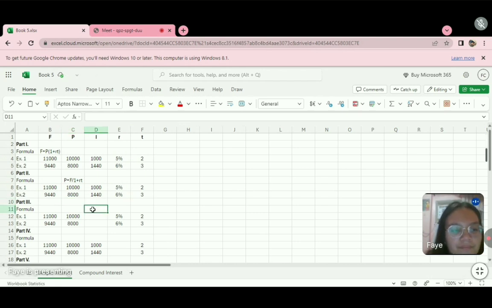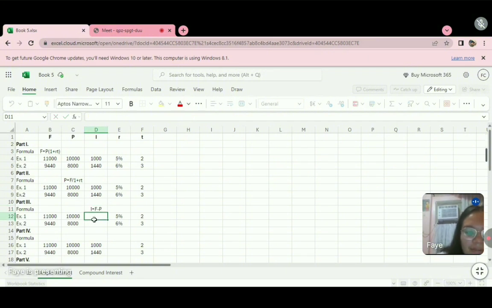For part 3, the formula for I is the easiest, which is just I equal to F minus P, or the future value minus the principal value. So for I, equal to 11,000 minus the principal value 10,000 is equal to 1,000.